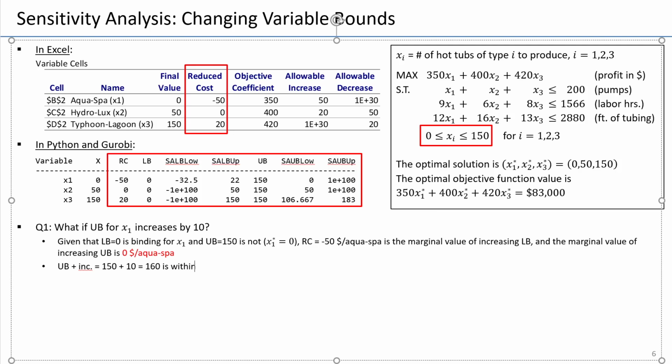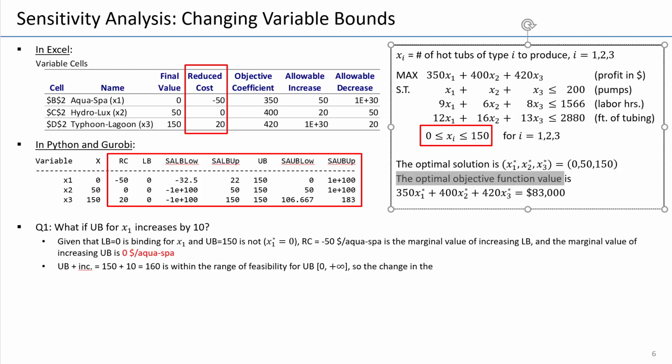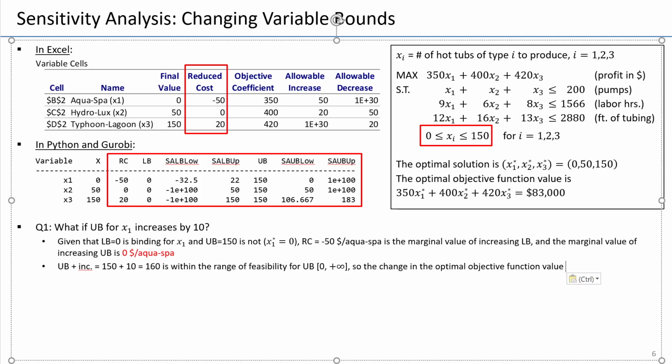It is within the range of feasibility for the upper bound, which is from 0 to plus infinity, right? So the change in the optimal objective function value, let me copy it from here, can be calculated exactly using the marginal value that is equal to 0, right?